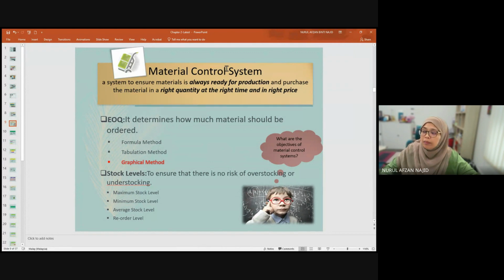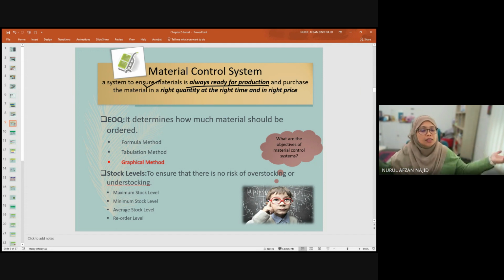Okay, so apa sebenarnya material control system ni? Sistem ini adalah untuk ensure that material is always ready for production. As I said before, bila you nak lebih faham, you adalah storekeeper.